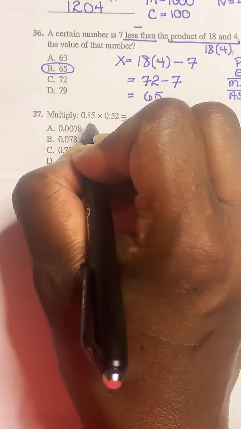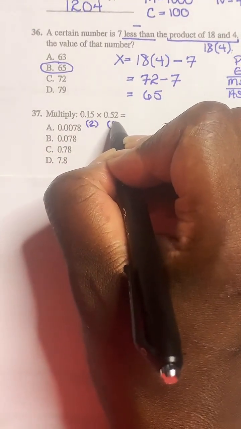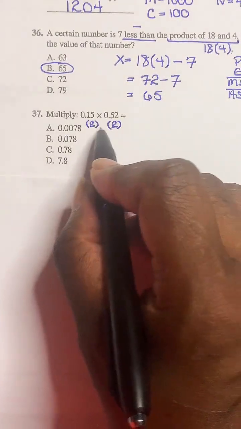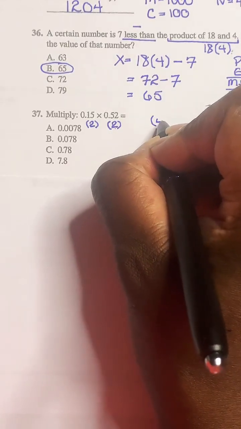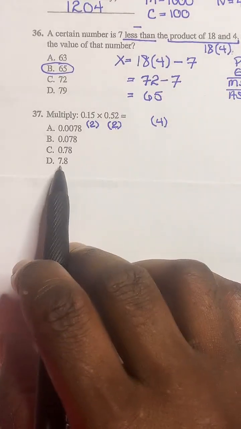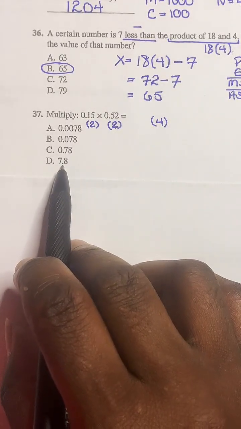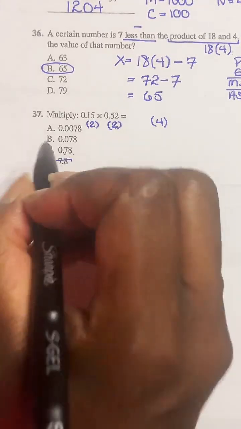So this one has 2 decimal places. This one also has 2 decimal places. So for your answer, you're going to add up how many decimal places you have. That means your answer should have 4 decimal places. If I take a look at D, that's only 1 decimal place. C, that's 2 decimal places.